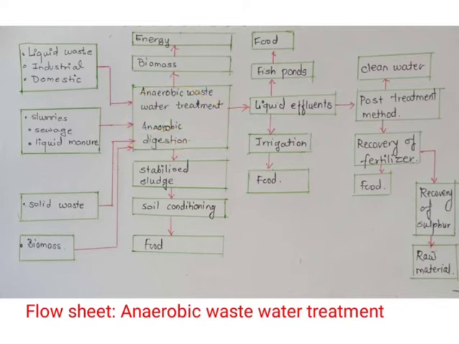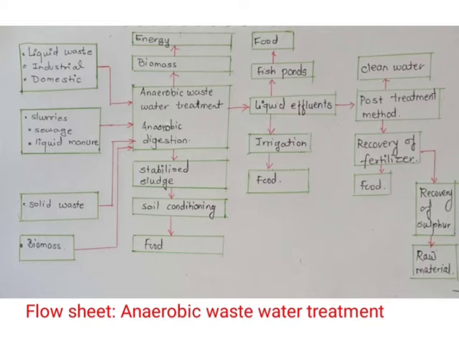This is called anaerobic digestion. Then the biomass can be removed and energy can be extracted. So this is the main advantage of anaerobic wastewater treatment, where we can produce energy instead of waste.